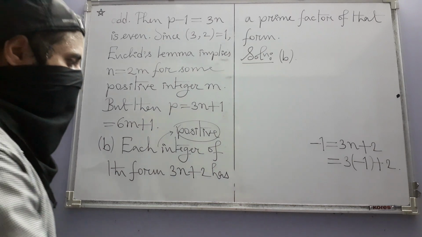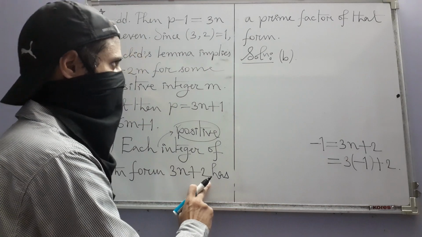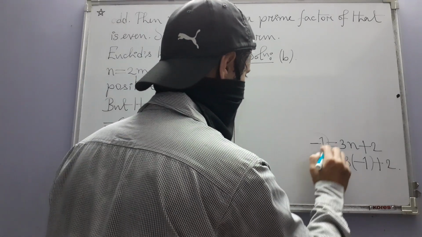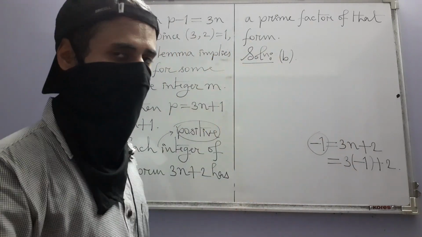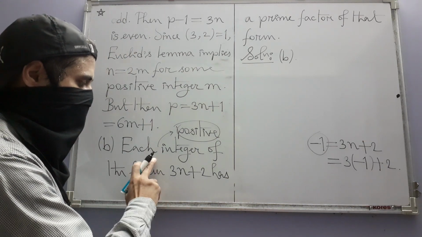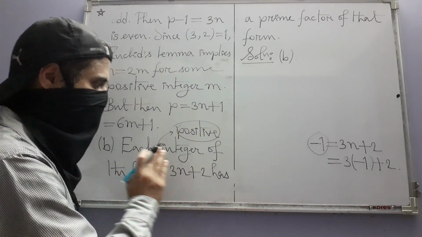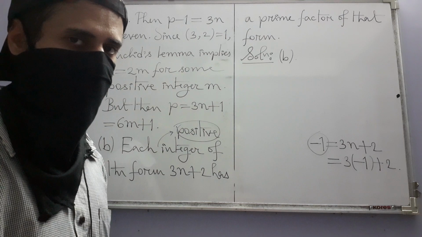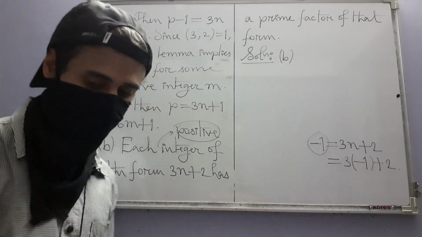But the problem is that it is being asserted that any such integer has a prime factor of that form, but -1 does not have any prime factor at all, let alone of the form 3n plus 1. So the assertion in fact fails if we do not additionally assume something else to rule out this possibility, -1. So how should I modify this?